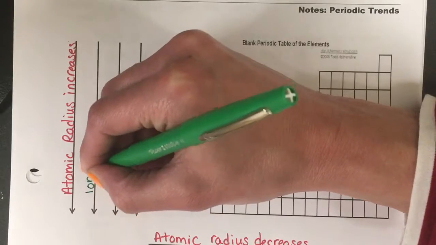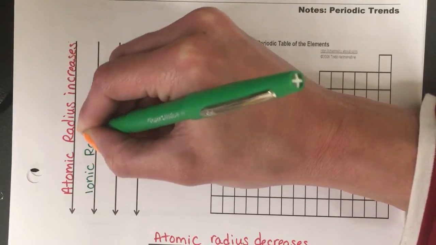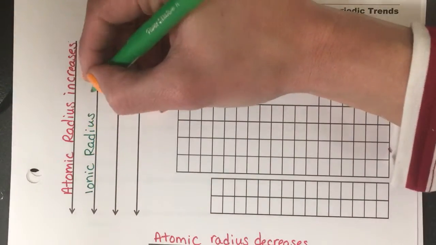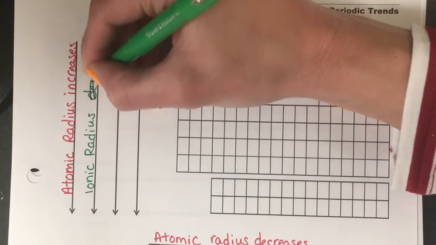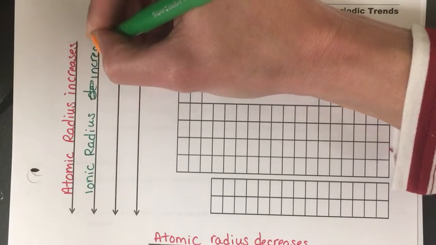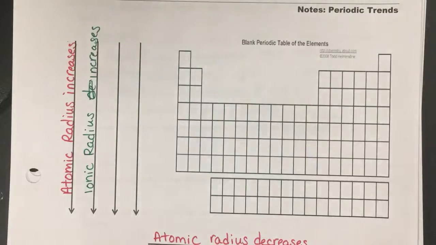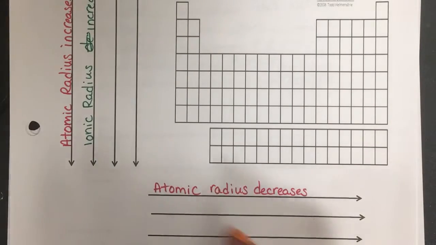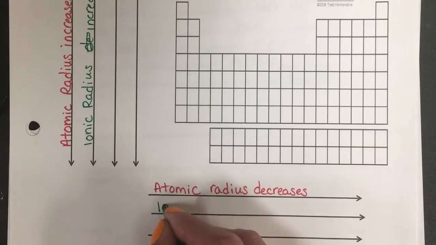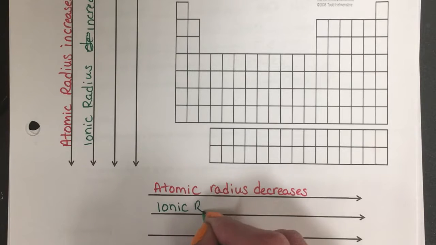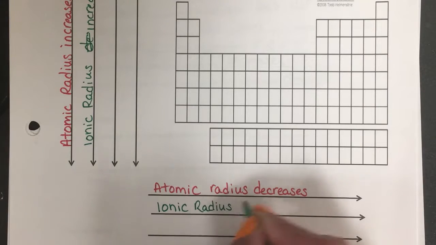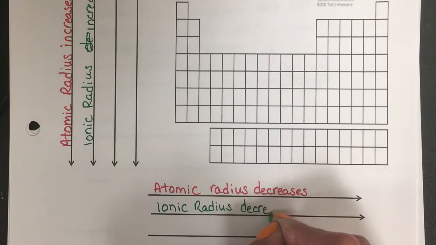So let's go ahead and add that to our periodic table. As I move down a group, my ionic radius increases. As I move across a period, my ionic radius decreases.